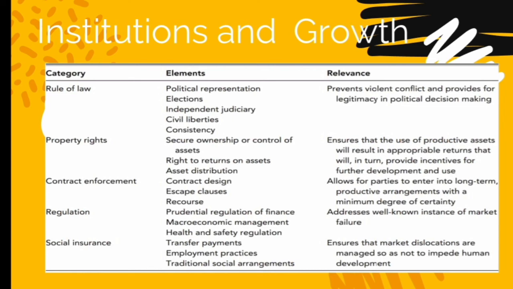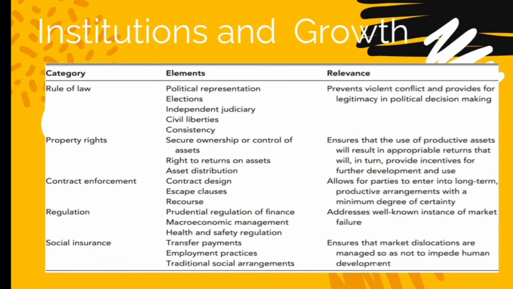This includes transfer payments, employment practices, and traditional social arrangements. Traditional family and community social insurance systems tend to break down as growth and development proceed. As this occurs, they need to be replaced by other social insurance systems based on employment practices or transfer payments.